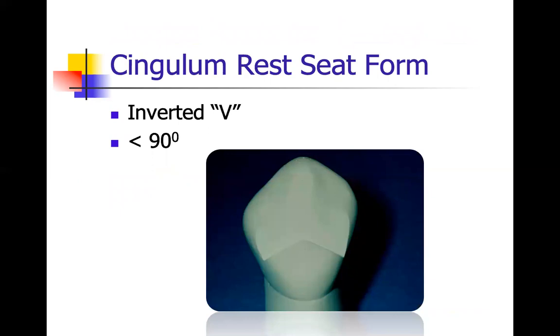The preparation of an anterior tooth to receive a lingual rest may be accomplished by preparing a slightly rounded inverted V on the lingual surface. The angle should be less than 90 degrees and the apex of the V is directed incisally.